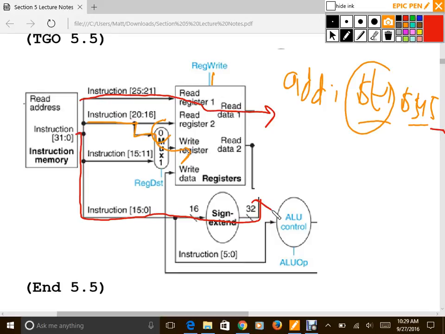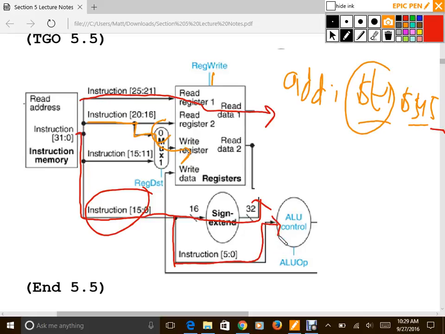The other thing to note, if you remember from the R-type instruction, the 6 least significant bits are the function, right? So we get these last 16 bits, of which the last 6, this is 5 to 0, is your function. It's not sign extended, and it goes to your ALU control.